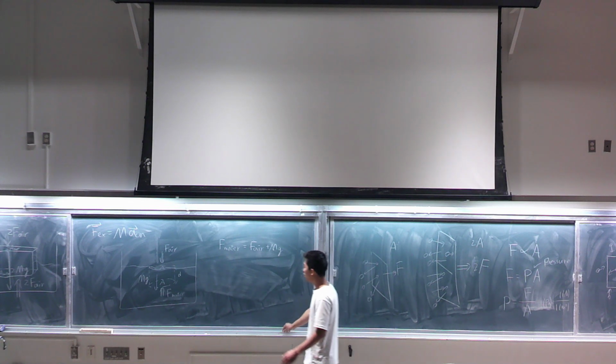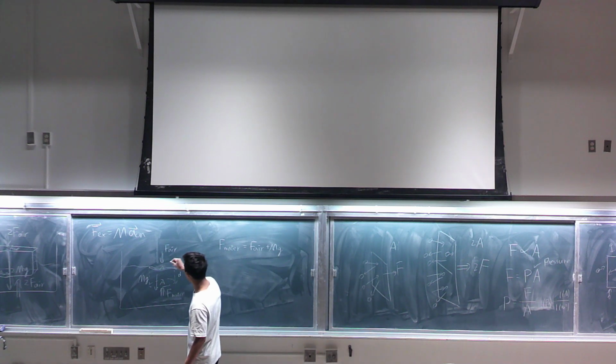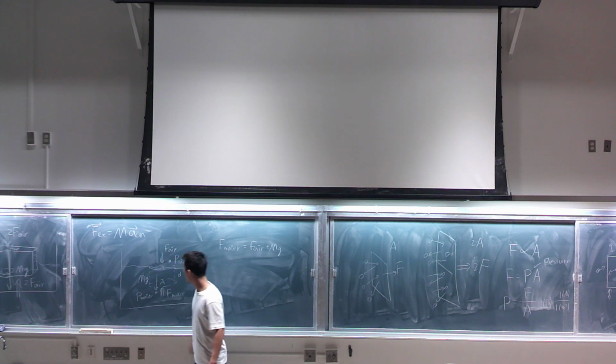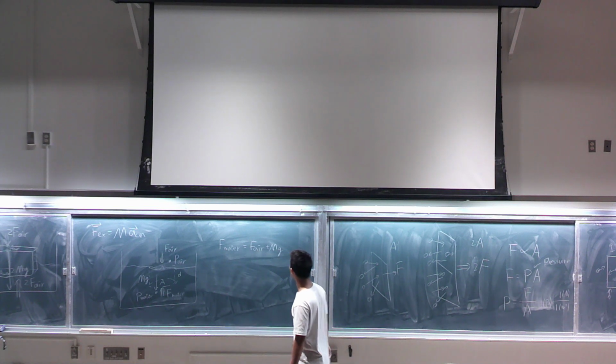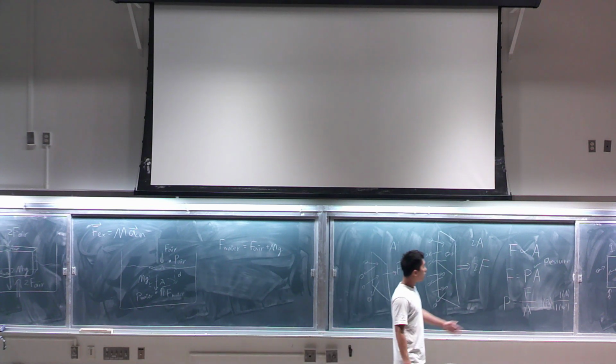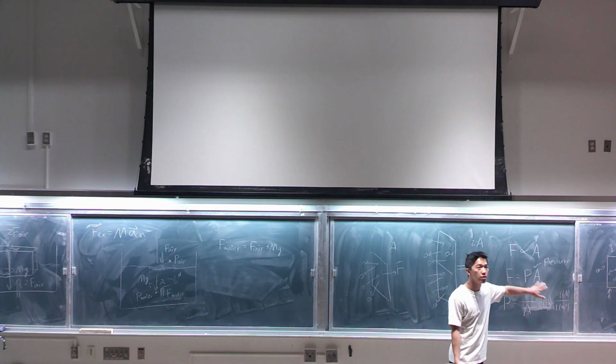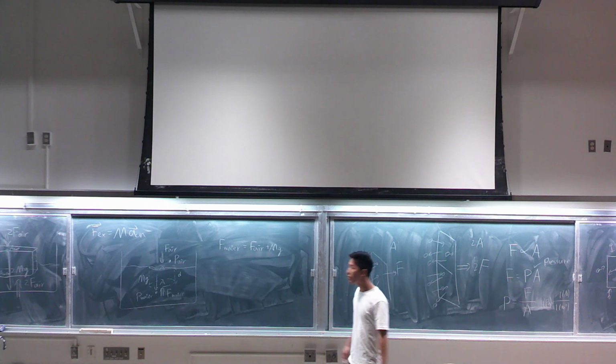Now, the pressure of the air here, let's call it P air, and let's call the pressure of the water here P water. So, if we look at this equation, the force caused by fluid will be the pressure of it times the area that is pushing.